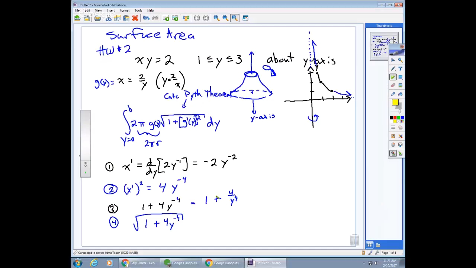And then maybe I could try doing this addition here. So you've got to try screwing around with algebra to see if you can clean it up. So 1 would be y to the 4th over y to the 4th, right? Plus 4 over y to the 4th, which gives me y to the 4th plus 4 over y to the 4th.